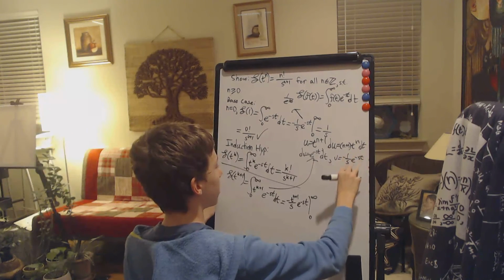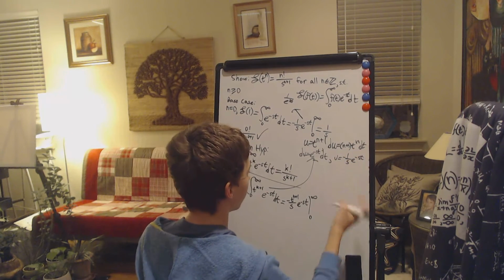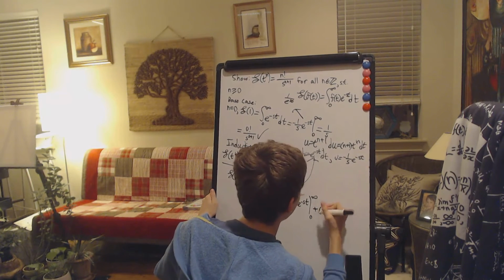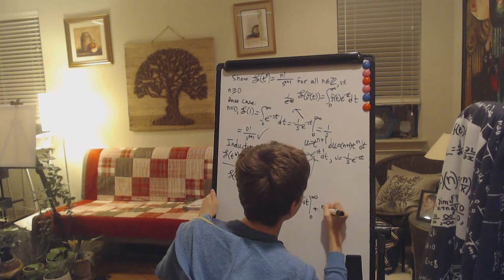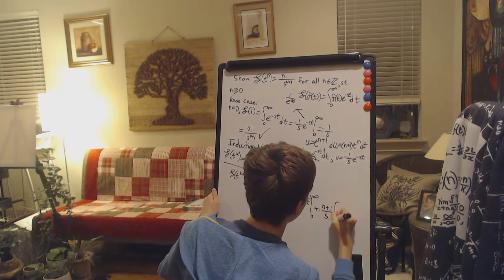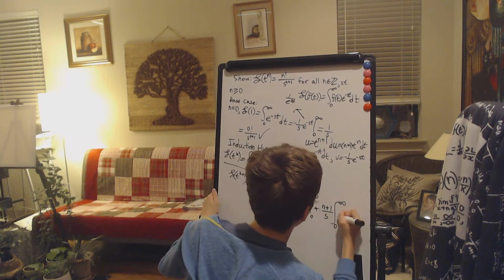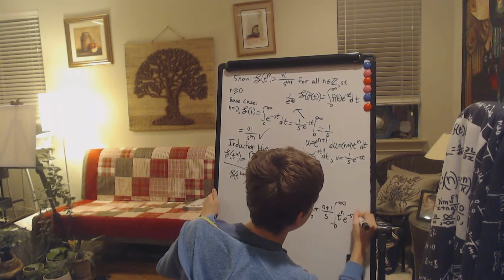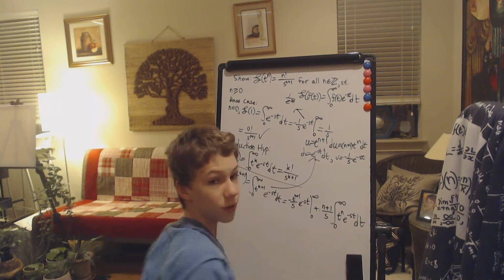Well, we have a minus there, so the minuses cancel out, and we take out the constants n plus 1 and 1 over s, so we have plus n plus 1 over s times the integral from 0 to infinity of t to the n e to the minus st dt.